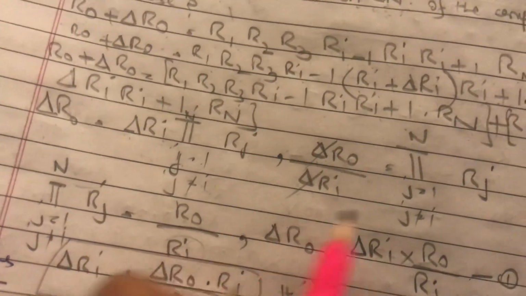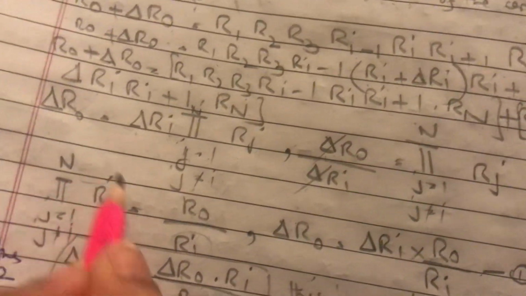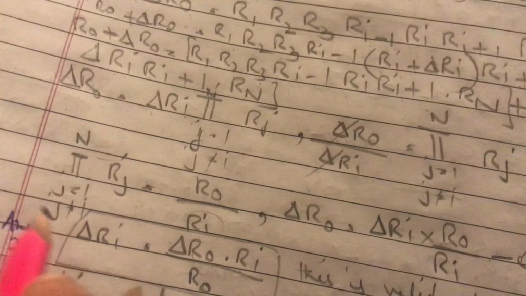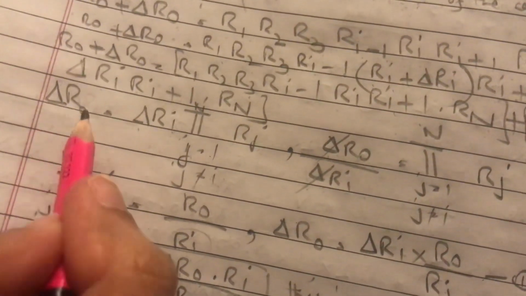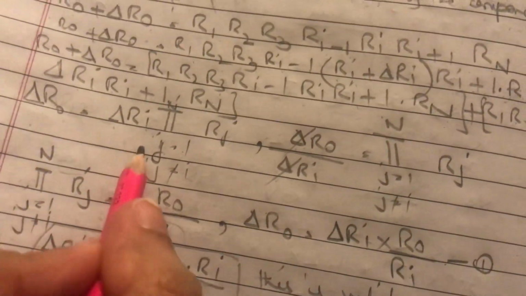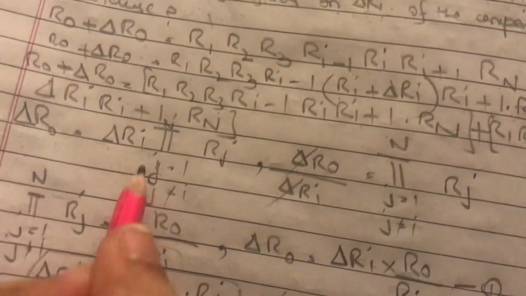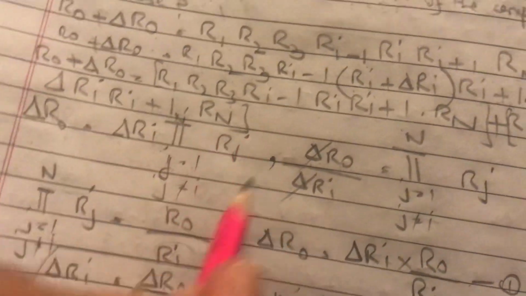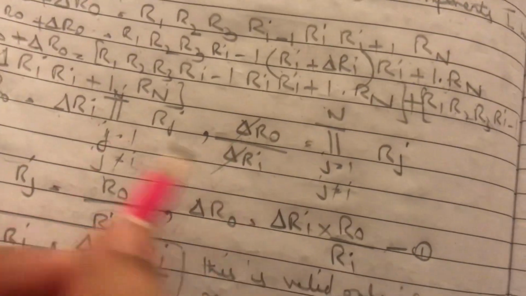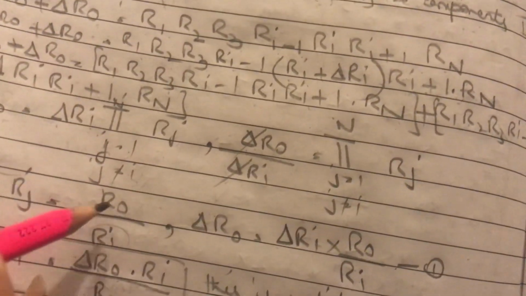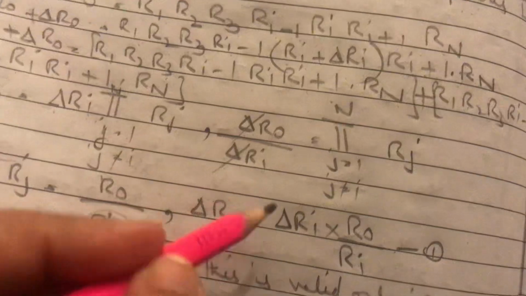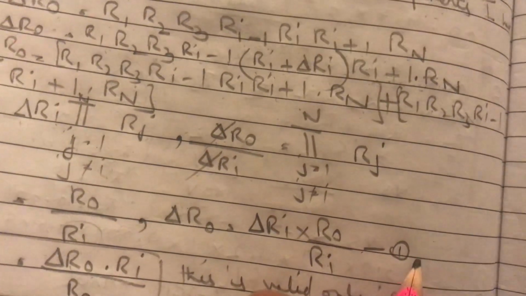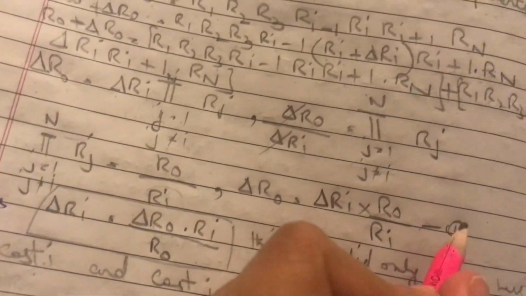See, R0 over Ri. So this thing becomes like this. We have found the value of this, R0 over Ri, so we keep it in this equation, and we name it equation 1. Okay, got it? We named it equation 1.